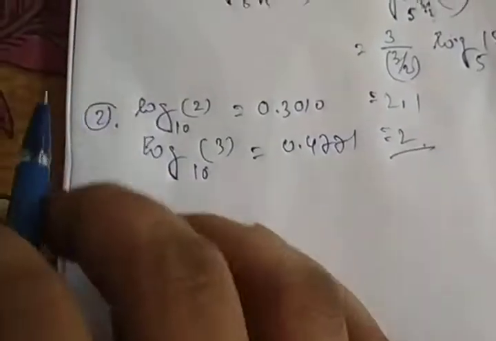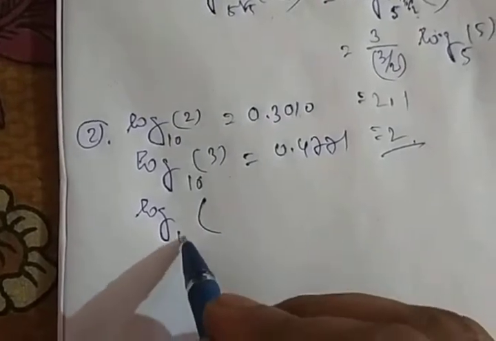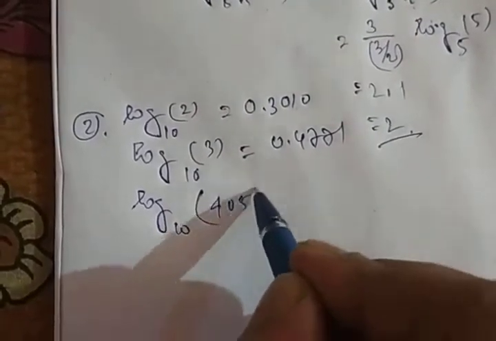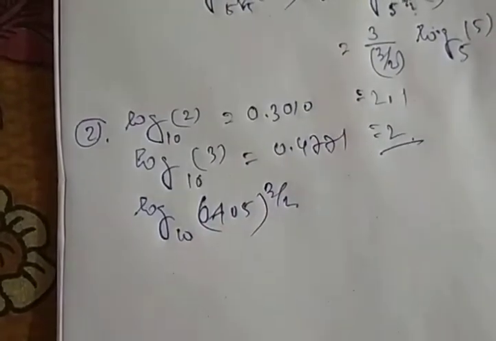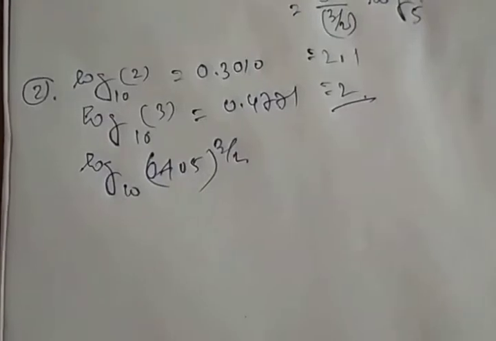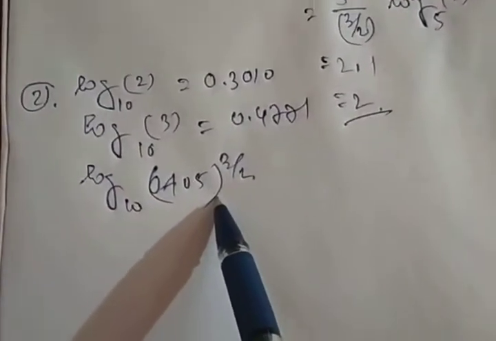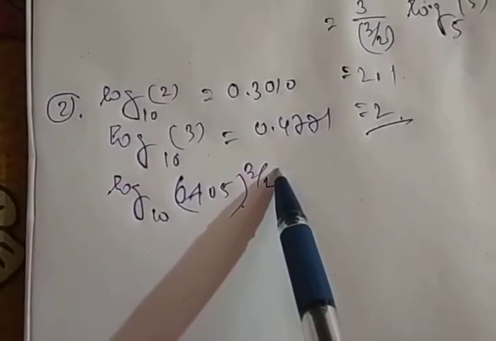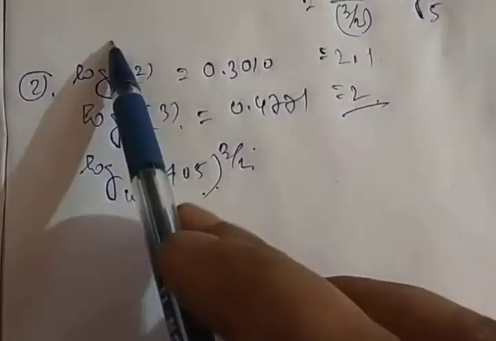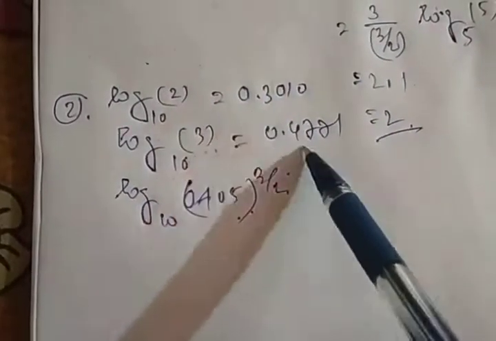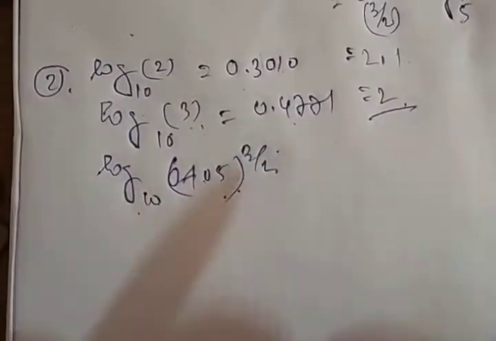Okay, so we have to find the value of log of 0.405 whole to the power 3/2. So this total number we have to find, calculating this number. Here log 2 and log 3 is given, so we have to calculate this in terms of 2 and 3. So you can put these values, log of 2 with respect to base 10, and log of 3 with respect to base 10.